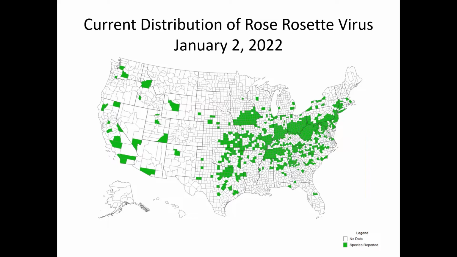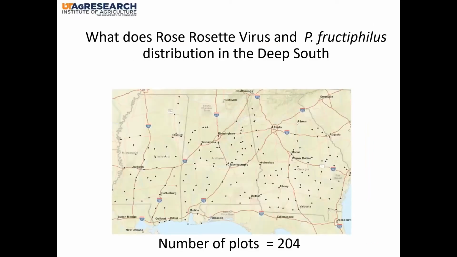Now, even though every county where I'm at in Tennessee is not green, we assume they all are. That just means it hasn't been reported there. Okay, so this tells us that in the eastern US, it can appear just about anywhere.